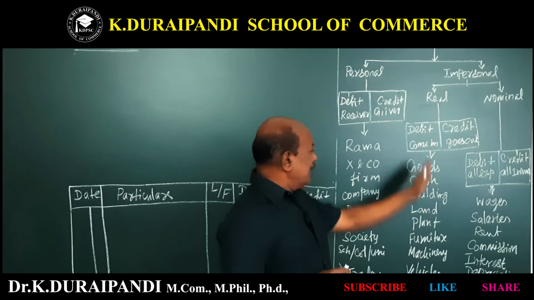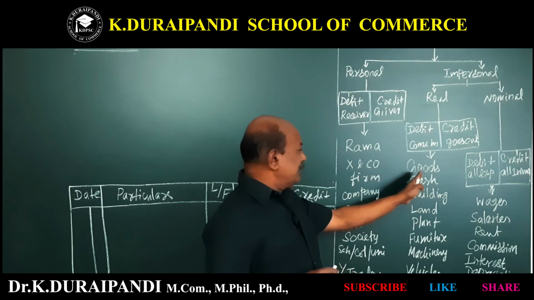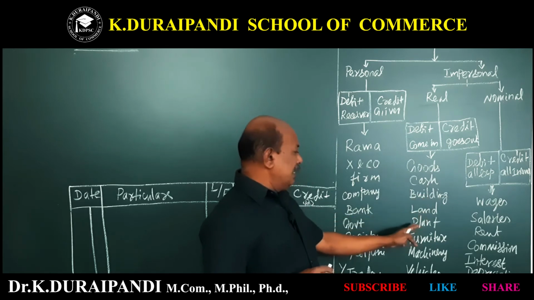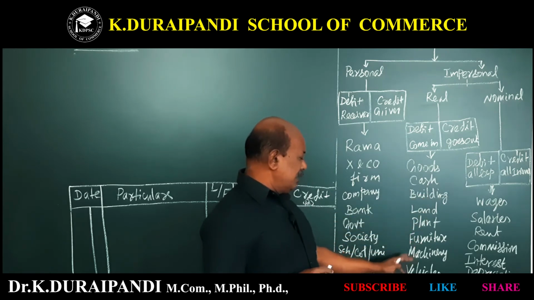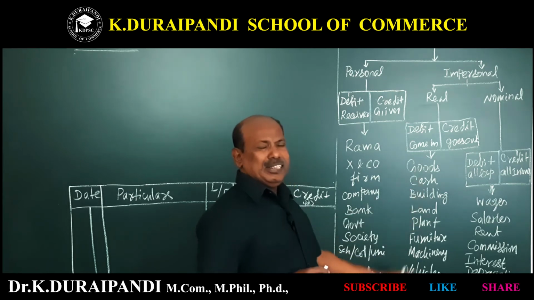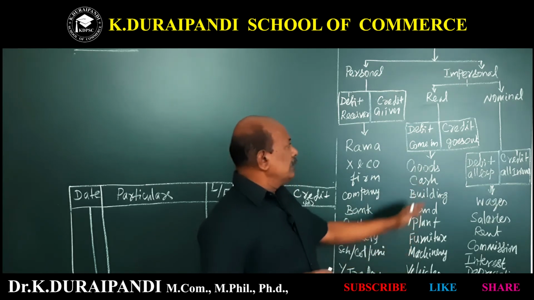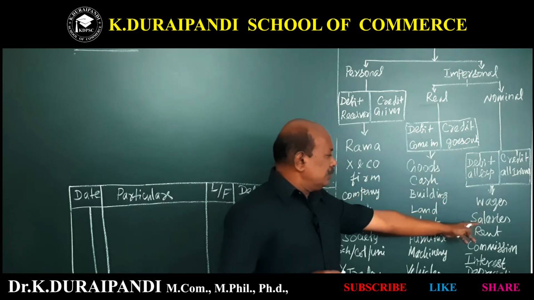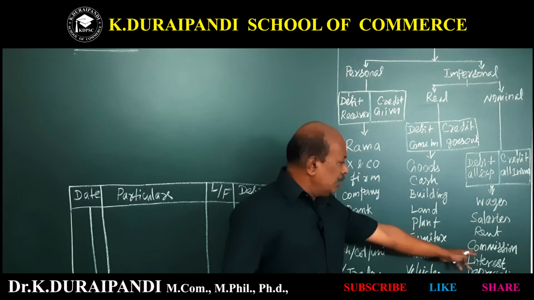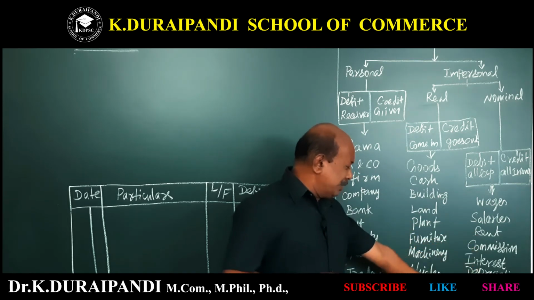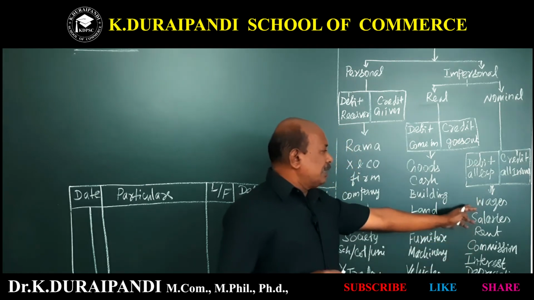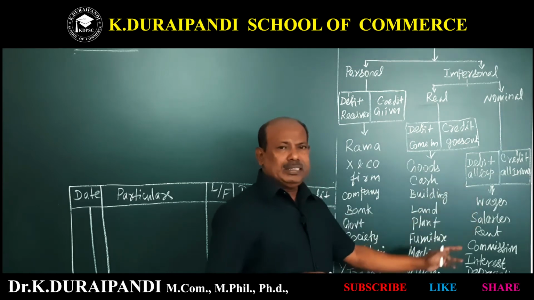For real accounts, I have given a few examples: goods, cash, building, land, plant, furniture, machinery, vehicles. These are all assets. Then expenses: wages, salaries, rent, commission, interest, depreciation, stationery, carriage. These are all nominal accounts. What is paid means expenses. What is received means income.